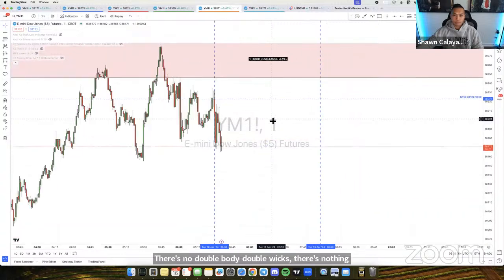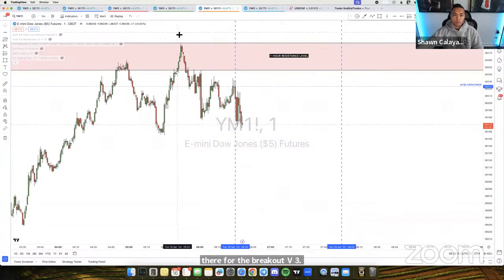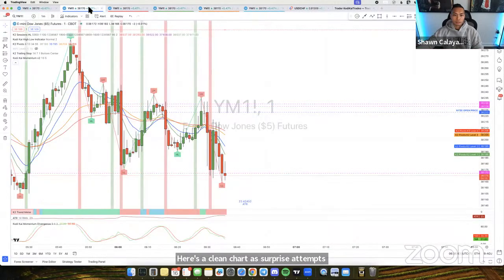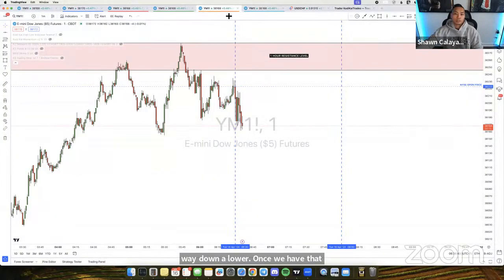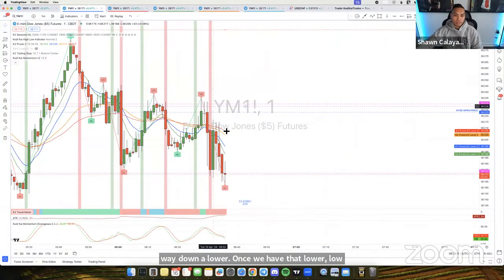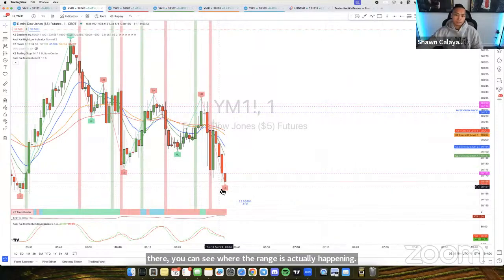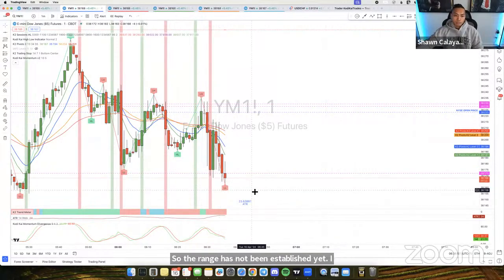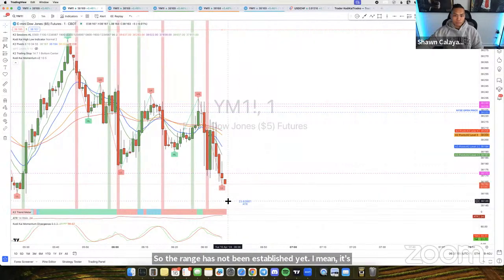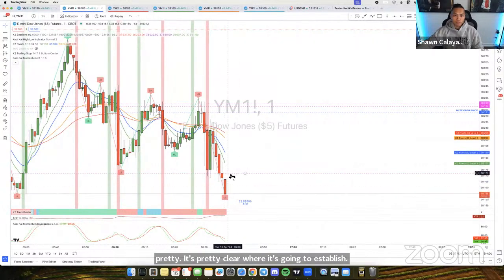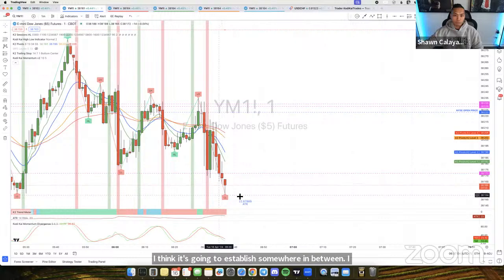Here's a clean chart as price attempts to make its way down a little lower. Once we have that lower low established and the higher high established, I'll mark up structure on the clean chart, and from there you can see where the range is actually happening. So the range has not been established yet. It's pretty clear where it's going to establish. I think the news price will probably be in between, and then we'll have the lower low down here, the higher high somewhere around this area.